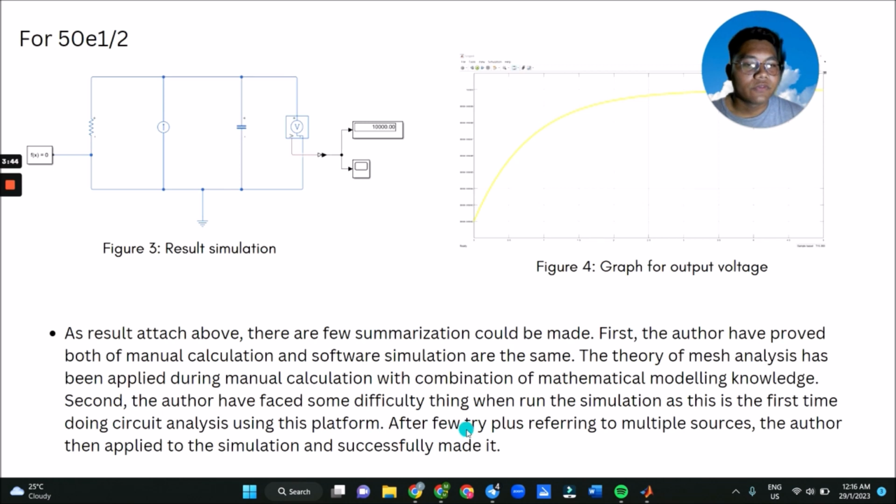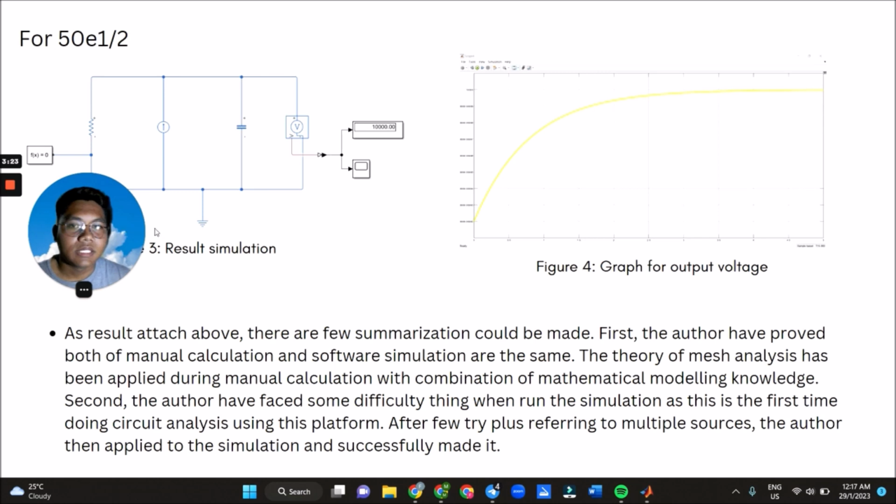But after a few tries and referring to multiple sources such as YouTube and a few websites, the author finally applied all the skills and successfully made the simulations. I think that's all from me.